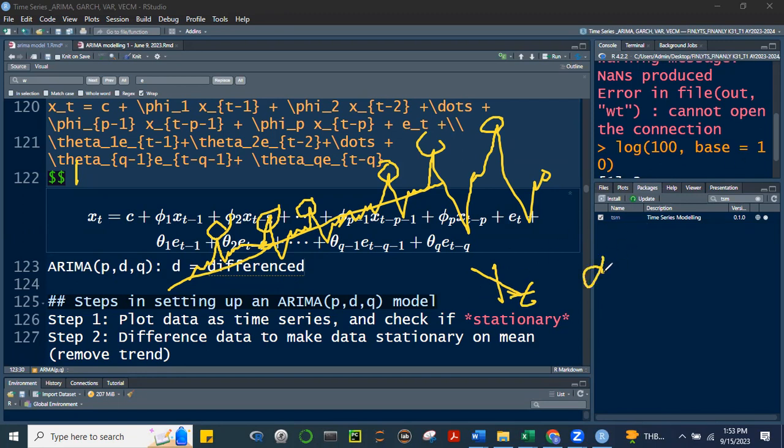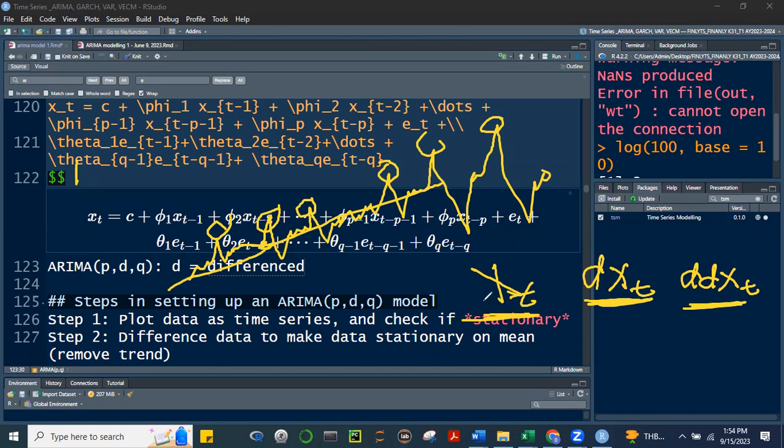So we difference our X sub T. Now take note that your difference of X sub T is no longer your X sub T. And then let's have another difference. I'll just call it difference of difference of X sub T. So I difference it twice. So maybe this data set has seasonality also, trend and seasonality. So that's why we had to difference it two times.